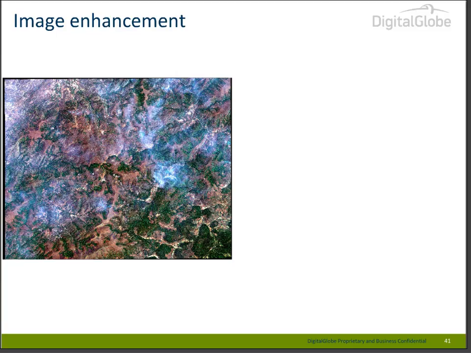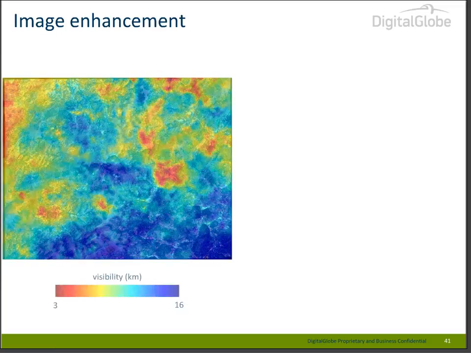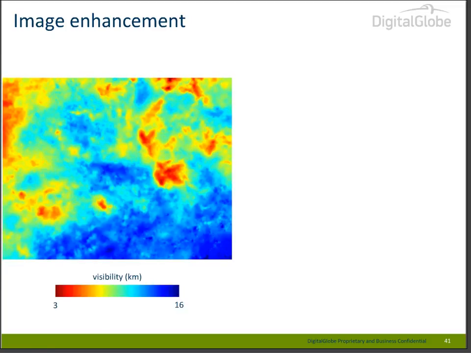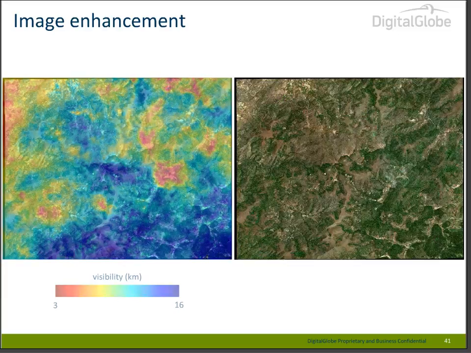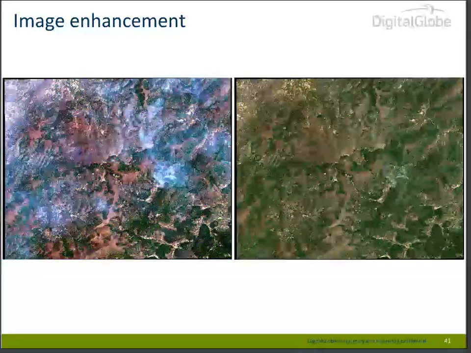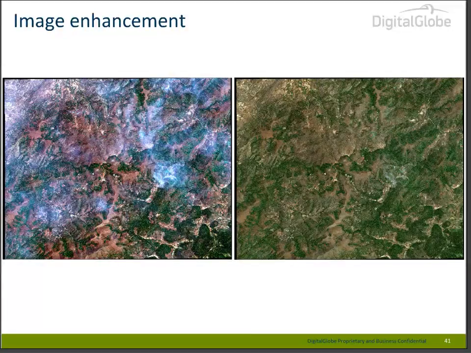Our method is able, as I said, to retrieve the visibility of the scene. And once we have this kind of information, we can feed it to DigitalGlobe to get a result like this one. Now, color seems to be more balanced, and most importantly, most of the haze has been cleaned up.